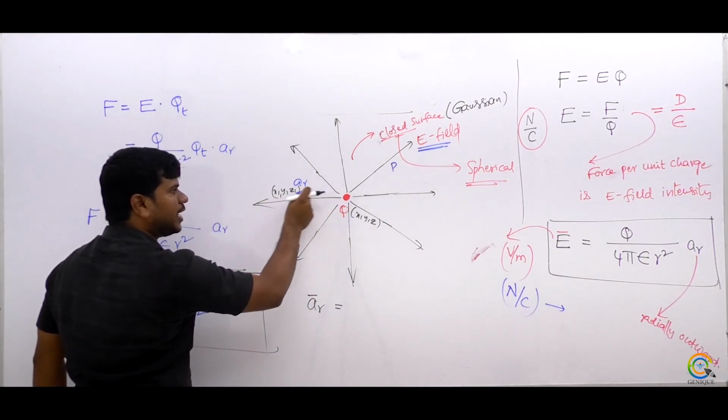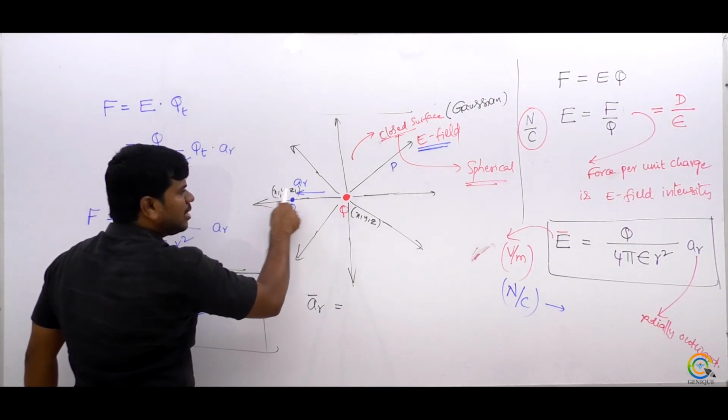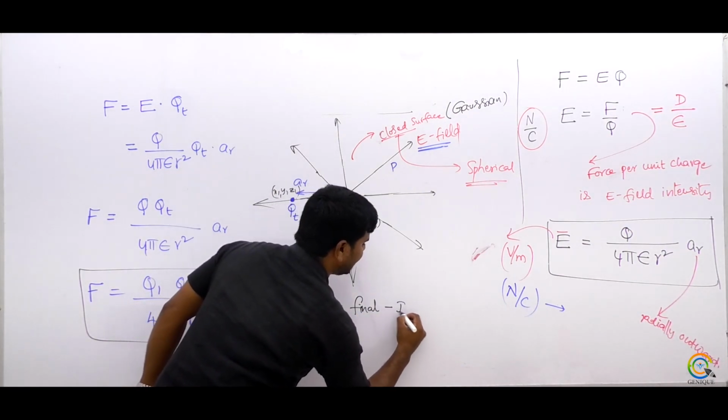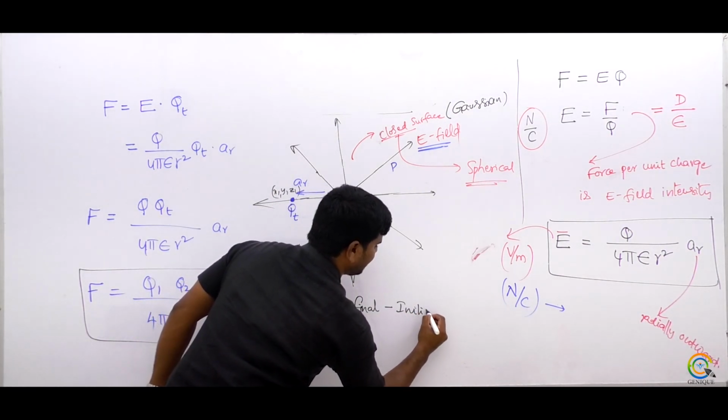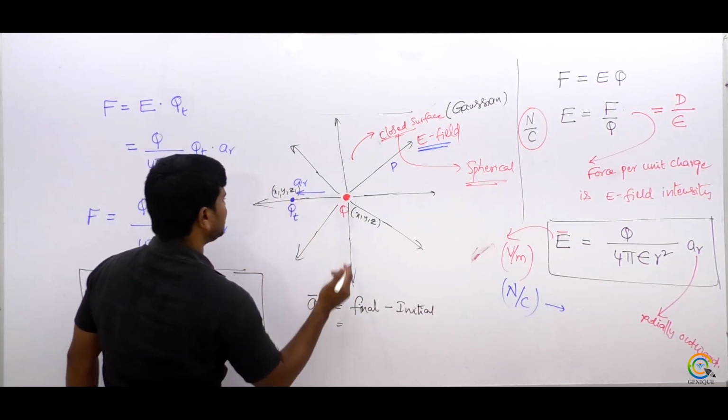The vector from here to here can be written as final minus initial. Okay, you have to write final minus initial. The vector representation is like this. So final minus initial is what?